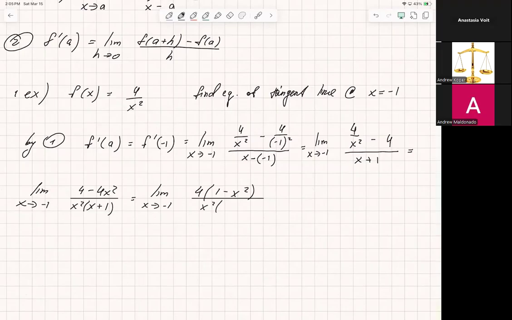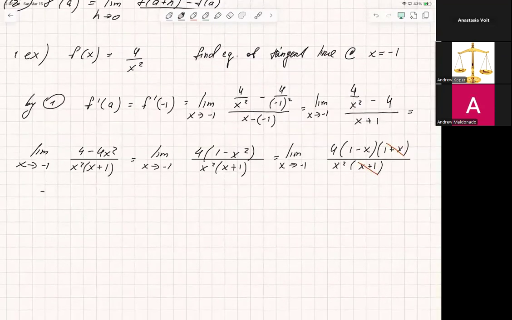So let me just copy the denominator. We have the limit as x approaches -1 of 4 times 1 minus x times 1 plus x, divided by x squared times x plus 1, right? And now we can cancel x plus 1, and we'll get the limit as x approaches -1 of 4 times 1 minus x divided by x squared.